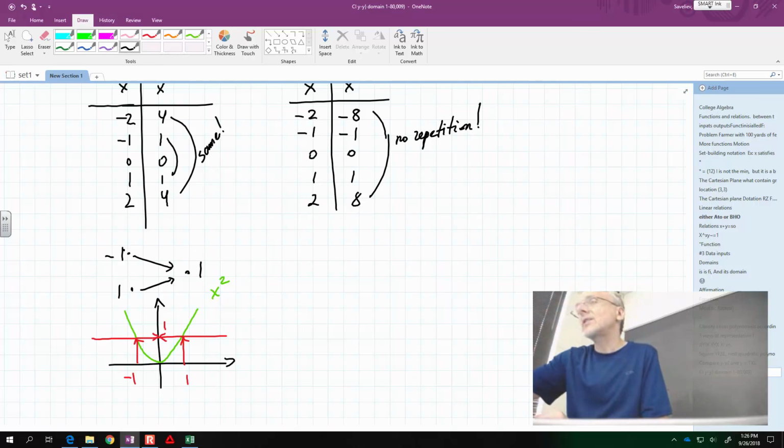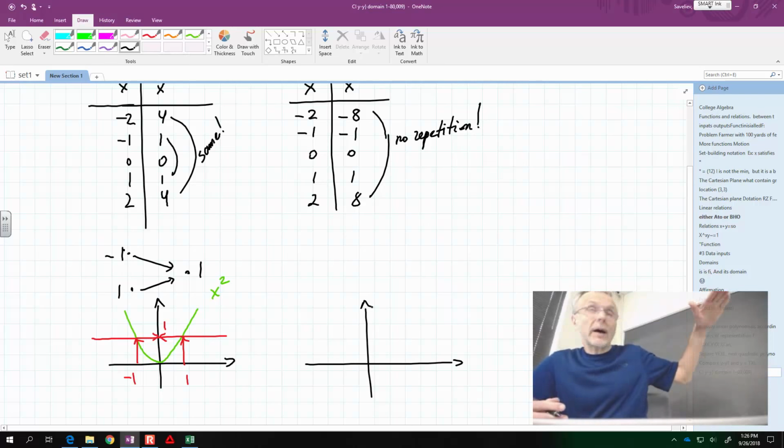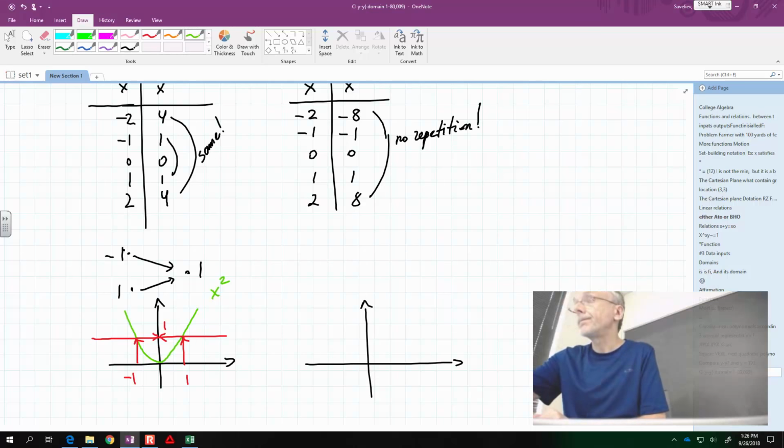If that's not the case ever with x cubed, it means that a horizontal line will never have two intersections. Okay, so that's the thing about x squared. Horizontal lines will have two intersections unless they're below the x-axis, but not so with x cubed.